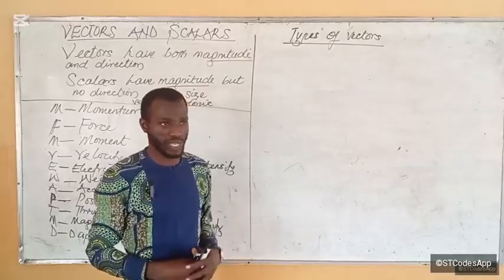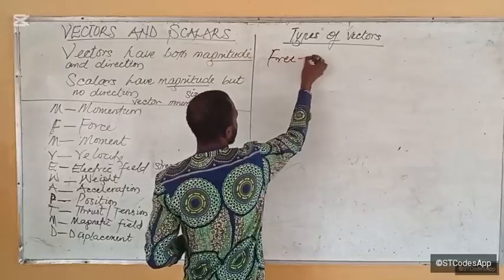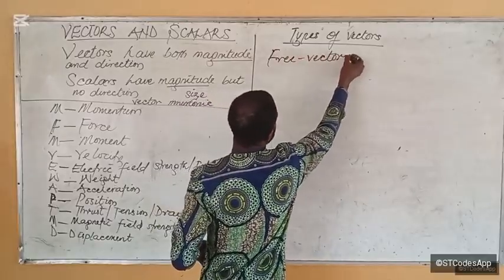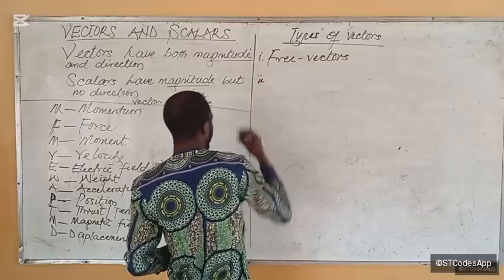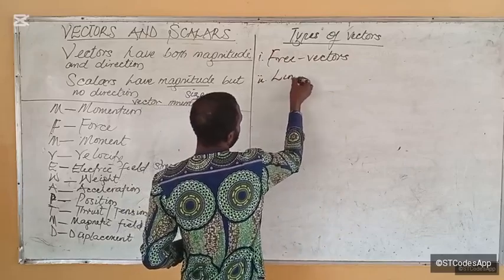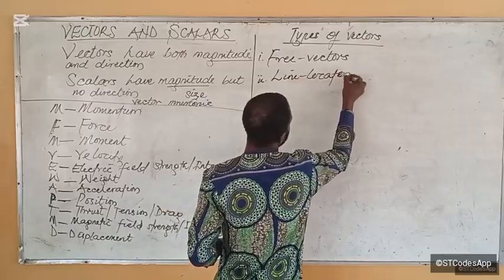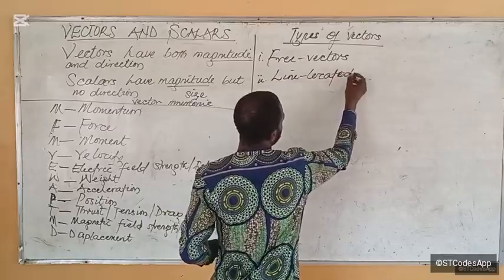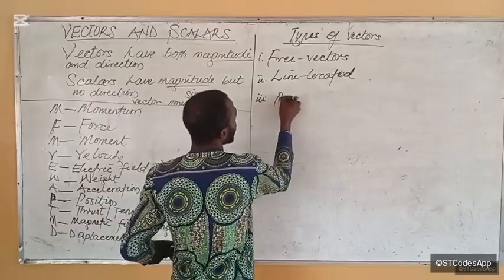Based on their nature, we classify vectors as free vectors, line located vectors, and point located vectors.